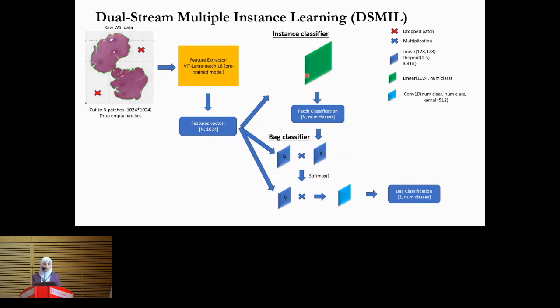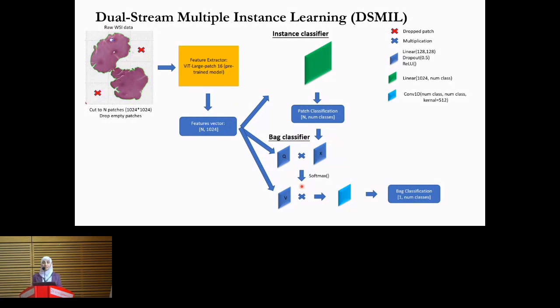The method gives weight to the instance through a convolutional layer, and passes this information to the bag classifier, which combines this information together to predict the bag label at the end. This model is very lightweight and does not have many parameters because there aren't many convolutional layers.